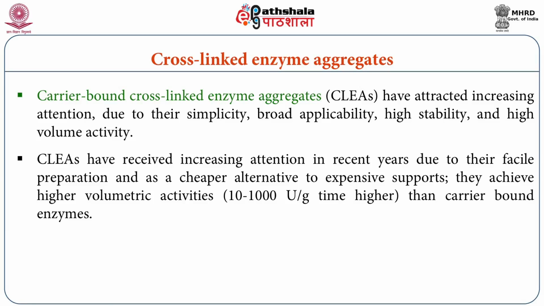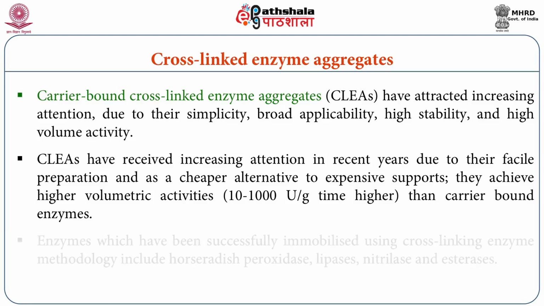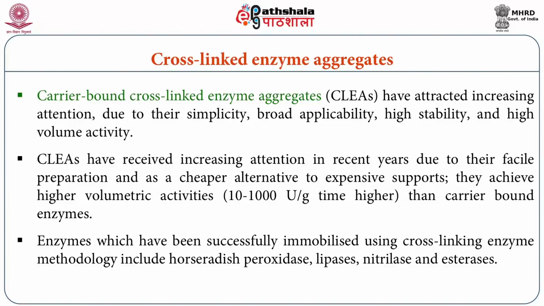So, carrier bound enzymes can be less effective as compared to our cross-linked enzyme aggregates, and this can be beneficially applied. Enzymes which have been successfully immobilized using cross-linking enzyme methodology include horseradish peroxidase, lipases, nitrilases and esterases.